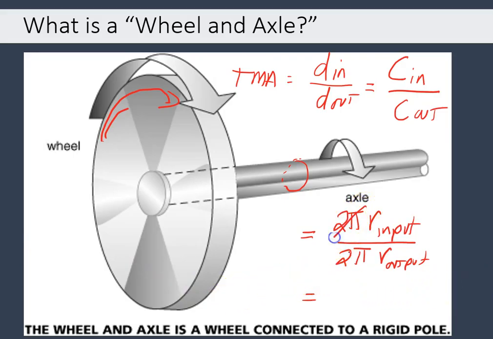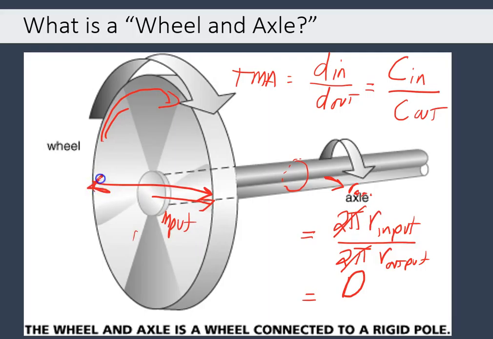Okay, so we see the 2 pi's cancel. So it really is just the ratio of the input diameter to the output diameter. But we can just say that it's the same as the diameter, which is typically easier to measure.